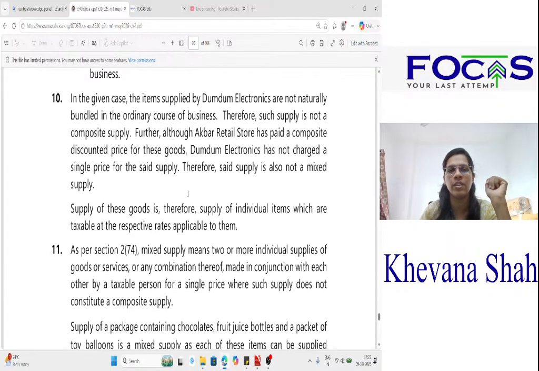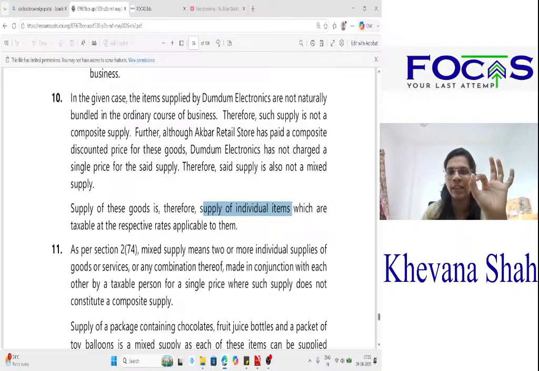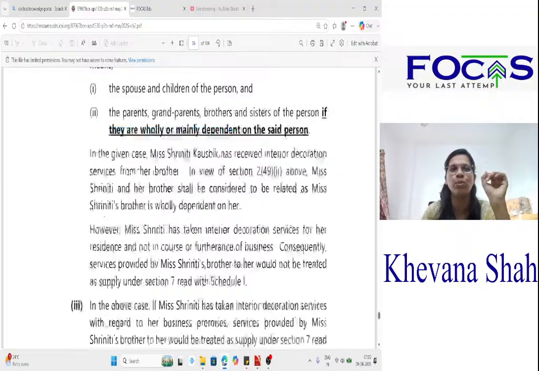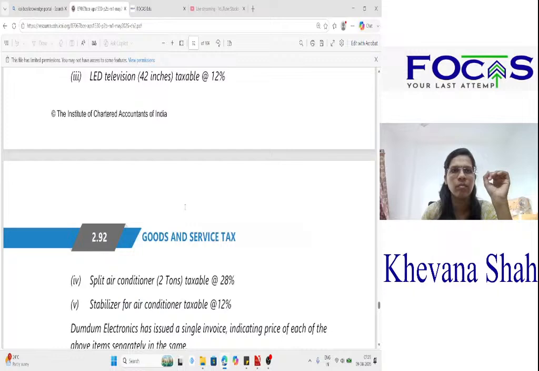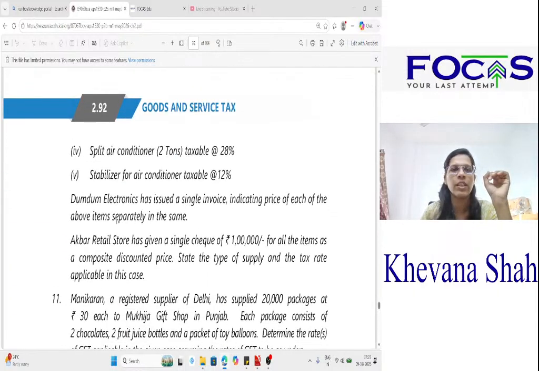Now, in the question, you will say that supply of these goods is therefore supply of individual items which were taxable at the respective rates applicable to them. Now, suppose instead of this, Akbar Retail Store, if they are giving you that Dum Dum Electronics has issued a single invoice of rupees 1 lakh for all the items at a composite discounted price.